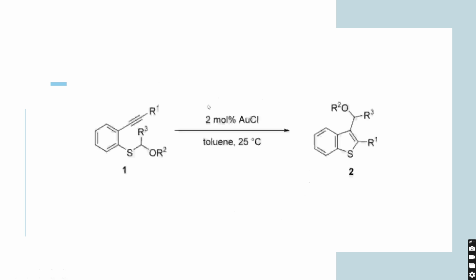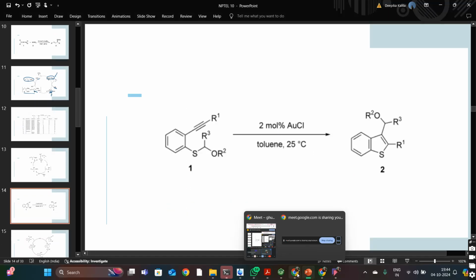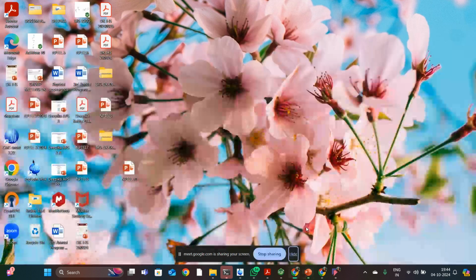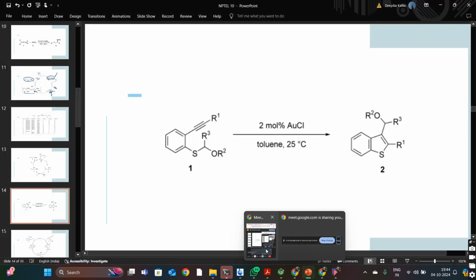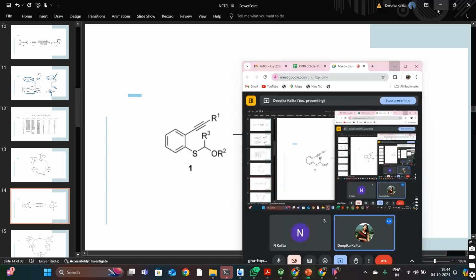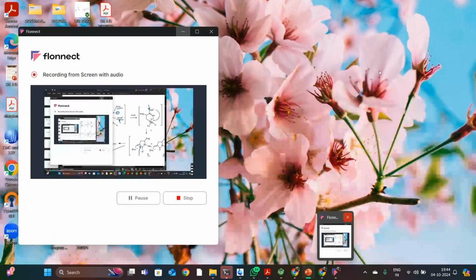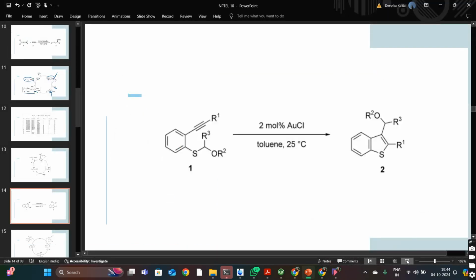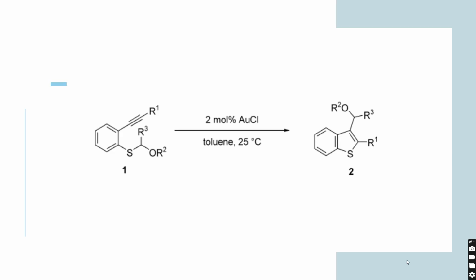Okay, now let us move to this question where the cyclization is happening from the sulfur atom center. So in this question, what happens? We are using 2 mole percent of gold catalyst in toluene solvent.